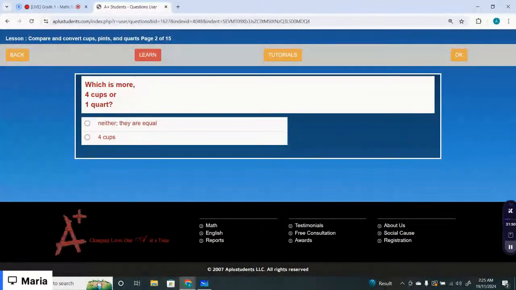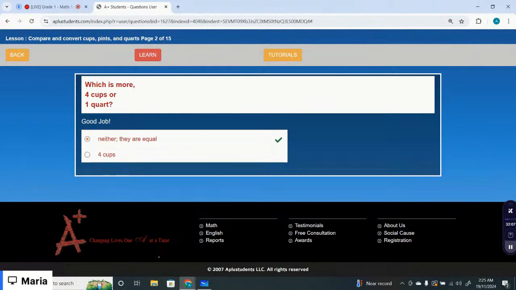The correct option is, 4 cups or 1 quart, they are equal because 1 quart equals 4 cups. So they are exactly equal.